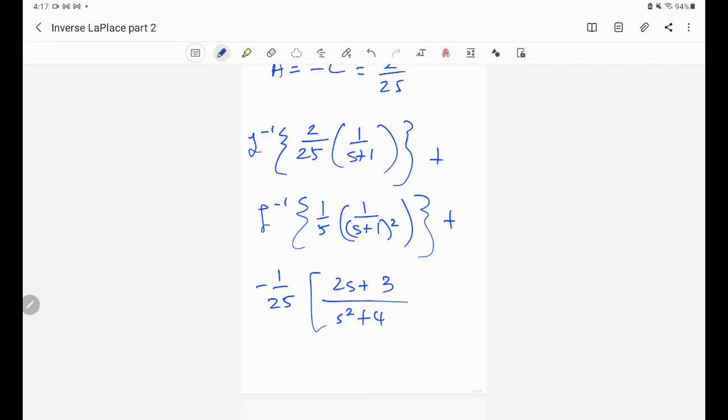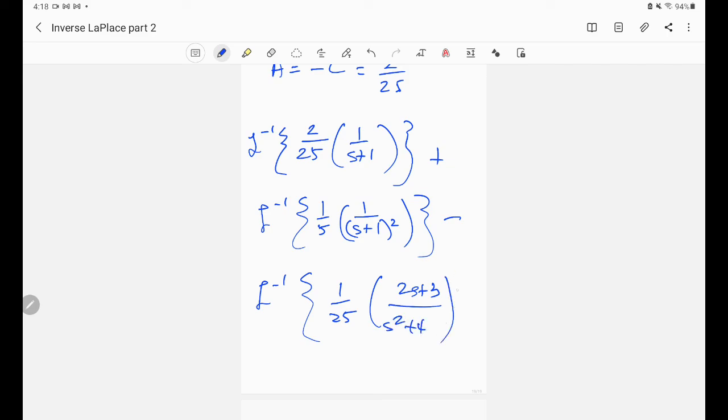Oh, I forgot to put the inverse here. Inverse. And this is minus as well: minus 1 over 25, (2s plus 3) over (s squared plus 4).